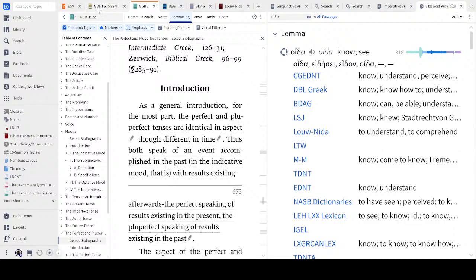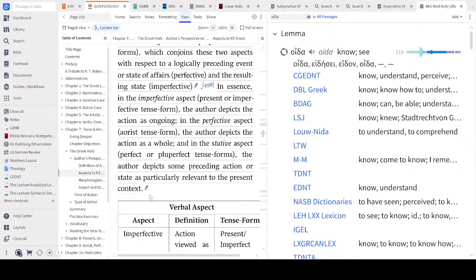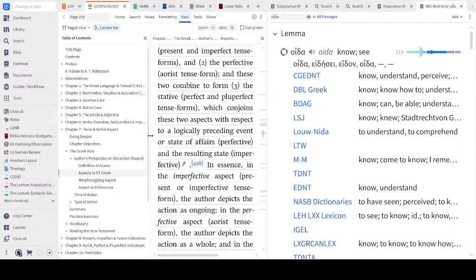Now, when we are going through Logos Bible software, and I am showing people how to search for the imperative and the imperfect, or the imperative and the perfect, let's kind of try this.